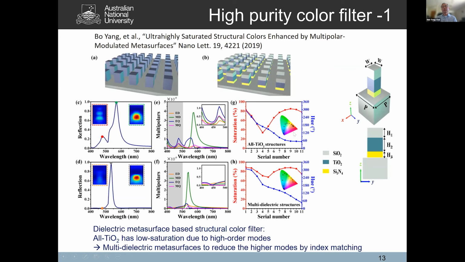As a result, the color is not pure. So we designed a multidielectric metasurface to reduce the high order mode. In the structure, titanium dioxide is sandwiched by silicon dioxide on top and silicon nitride on the bottom. Each layer acts as some index matching.